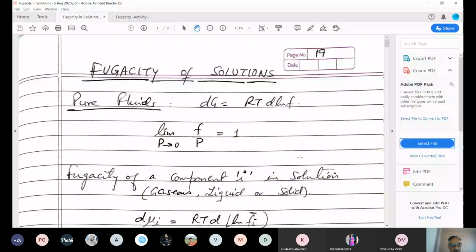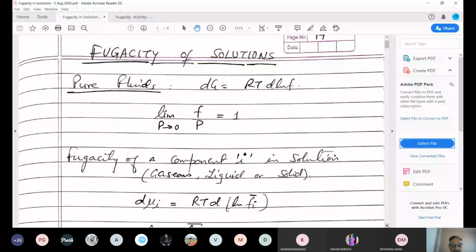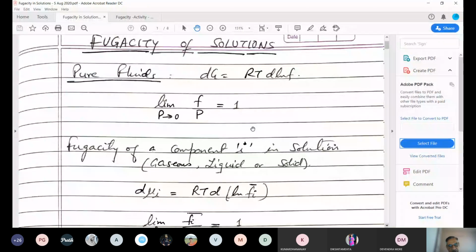Okay. So what we have seen is for pure fluids, dG is equal to RT d ln f. This is what we derived, where G is, what is G? Gibbs energy. So molar Gibbs free energy, and fugacity is f, right?